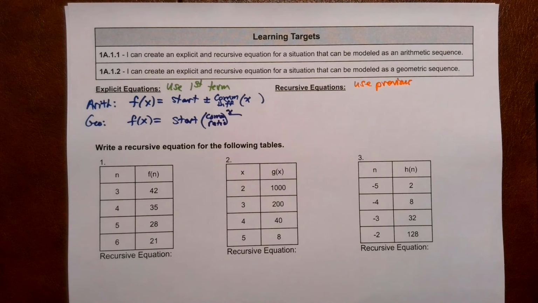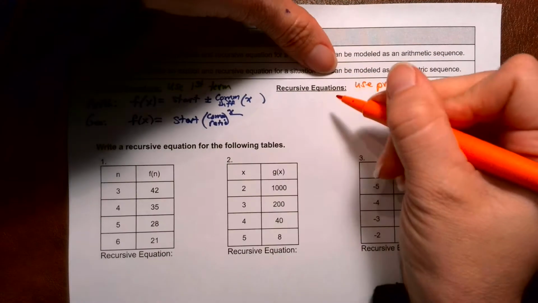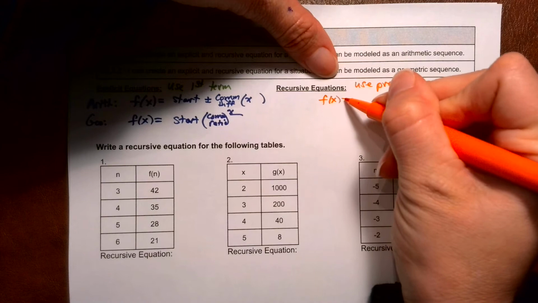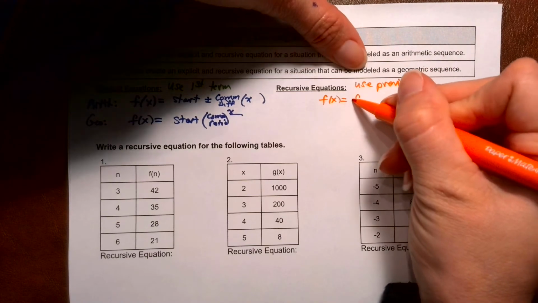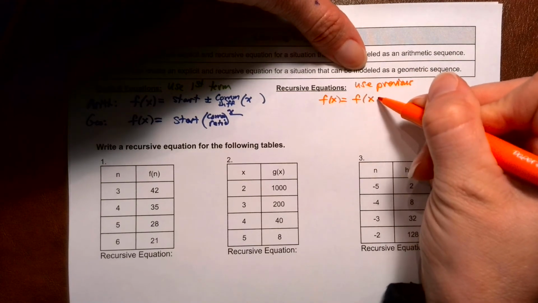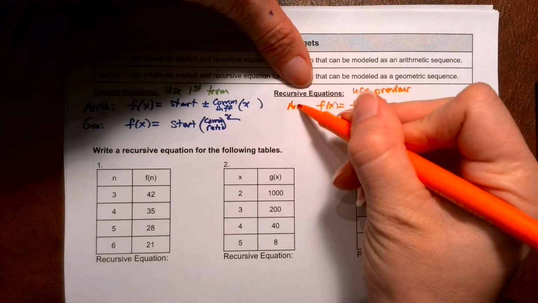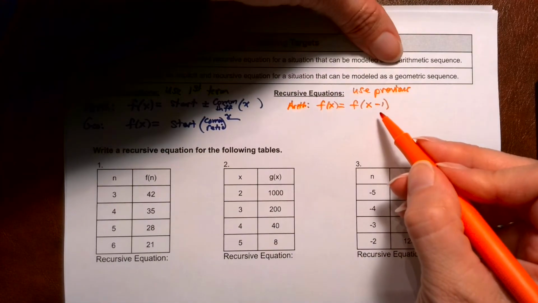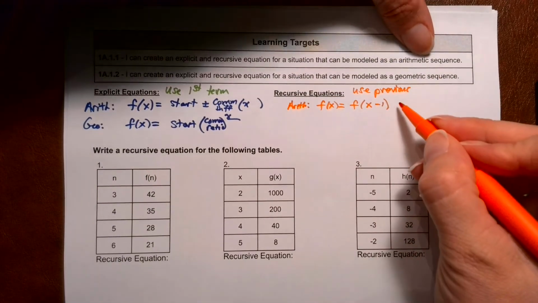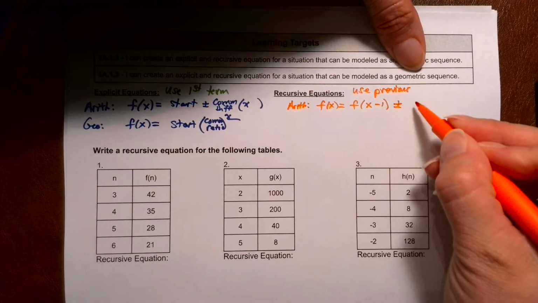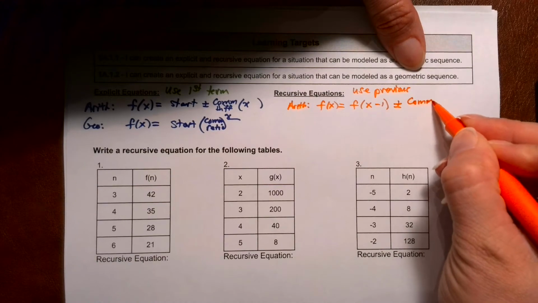Now when you do recursive equations, it's going to be f of x equals previous. So you start with f of x minus 1. If it's arithmetic, after you take the previous, arithmetic patterns are add or subtract the common difference.